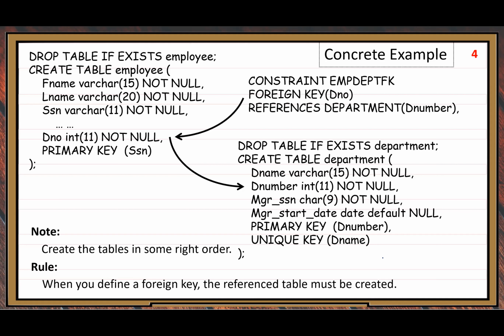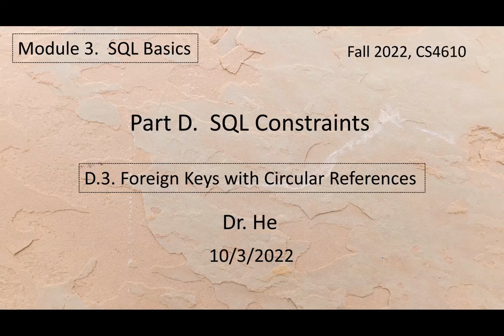Next, we need to do things carefully, based on this rule. All right, so let me show you some more examples. D.3, foreign keys with circular reference. You may have circular references, a table that references itself.